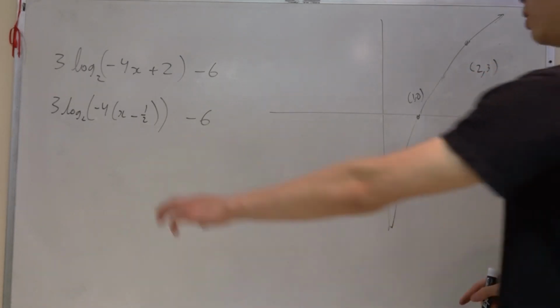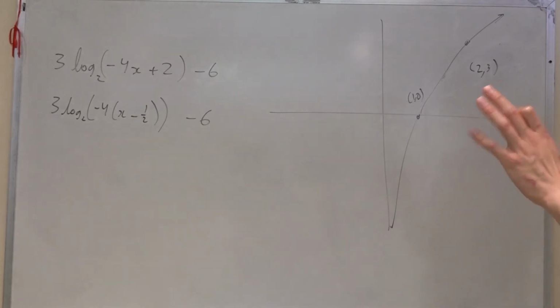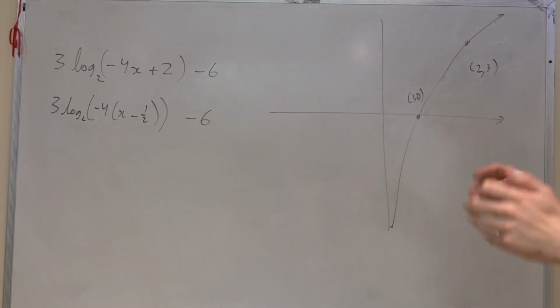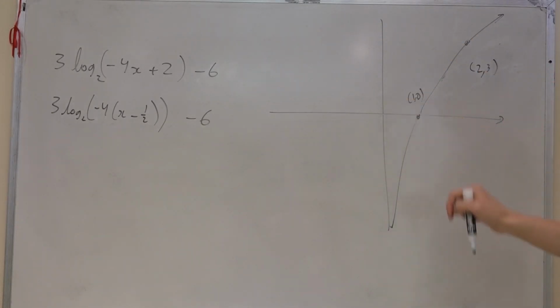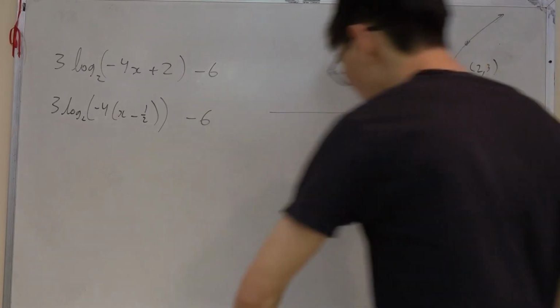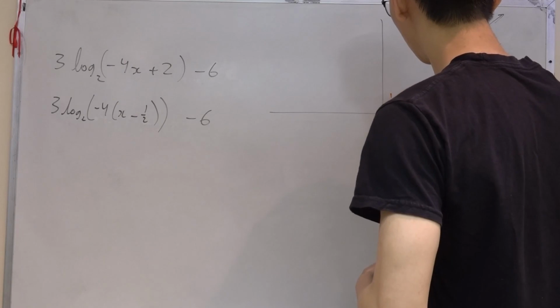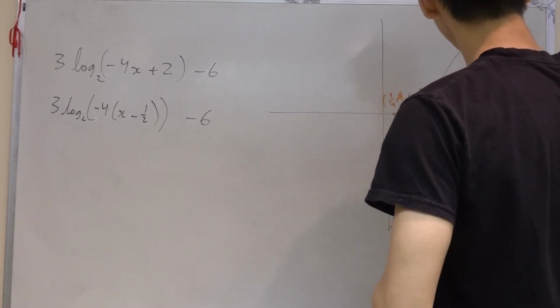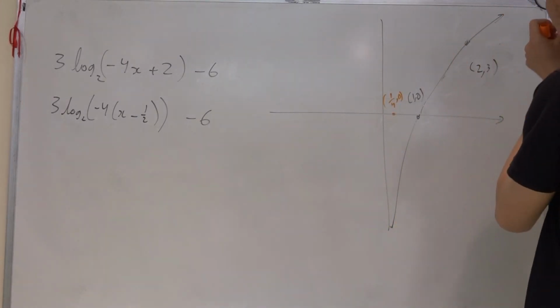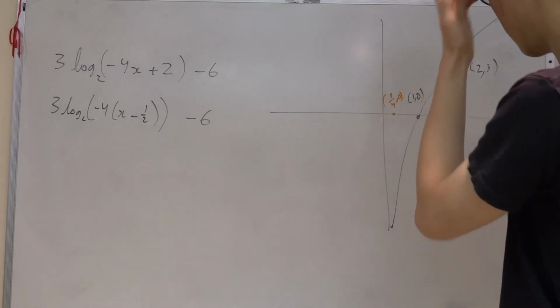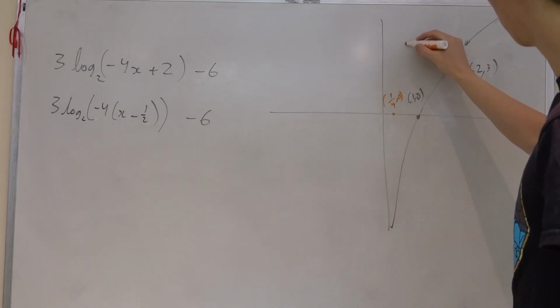Then we have to do this, which is a horizontal squish by a factor of 4. So this point is going to get sent to 1/4, 0. Remember, we're only playing around with the x coordinate. This point is going to get sent to 1/2, 3. So let's say 1/2 is around here.